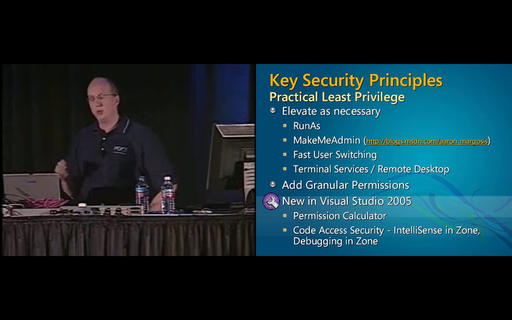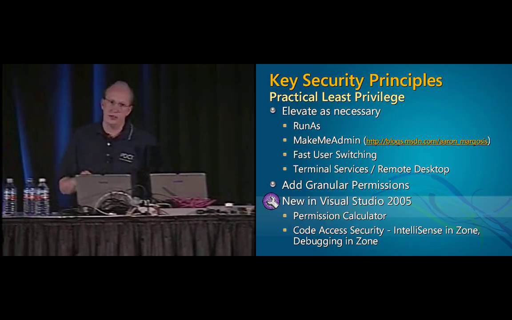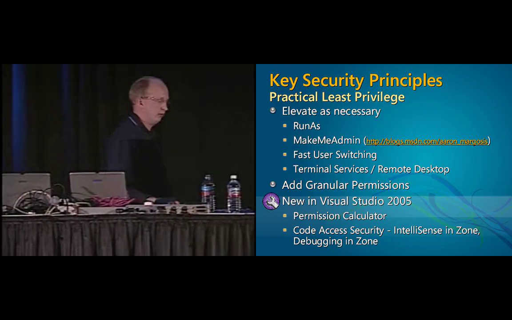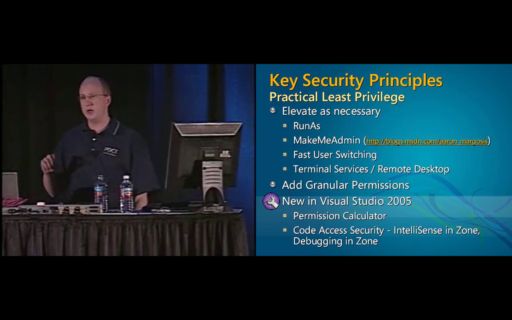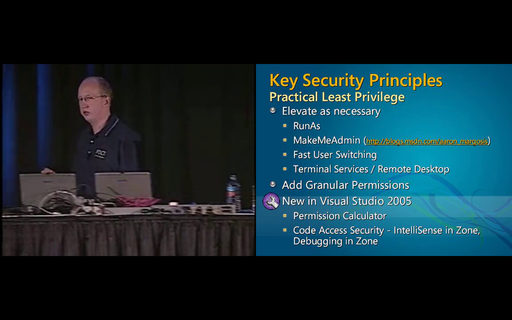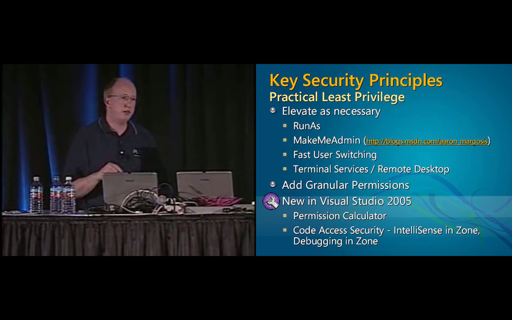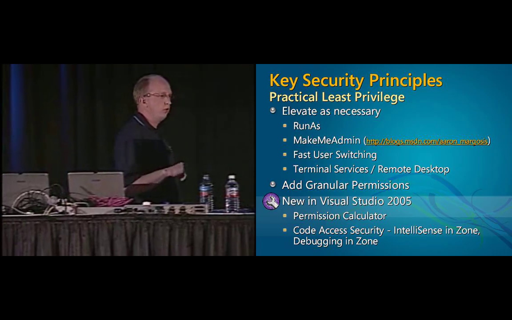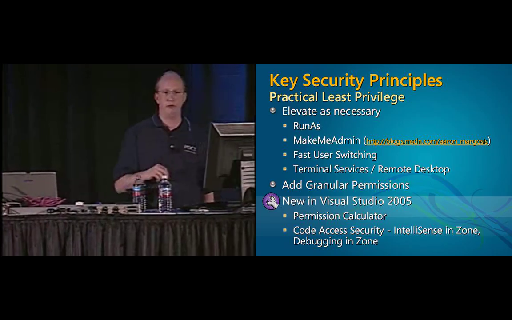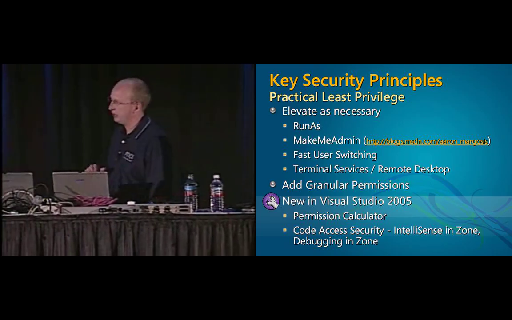If you're doing a click once application in Visual Studio 2005, the default's going to be full trust, right? If you're not doing a click once deployed application, whether it runs in full trust or partial trust will depend on where it's actually run from. And I'll give you a little demo of this in a sec.